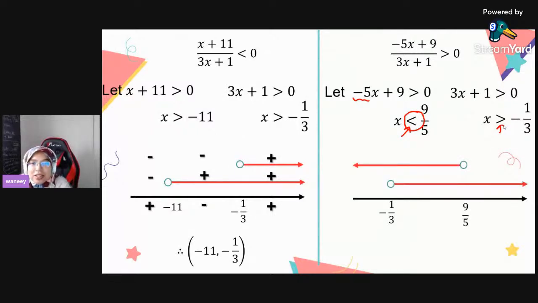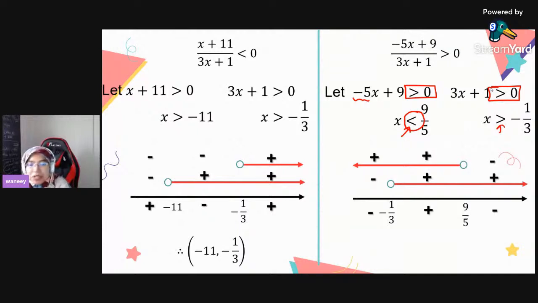Now if you refer to the assumed part, I always assume them to be greater than 0. Therefore, on top of my line, I should write down positive. Those without the line will automatically become negative. And then our conclusion: negative, positive, negative.